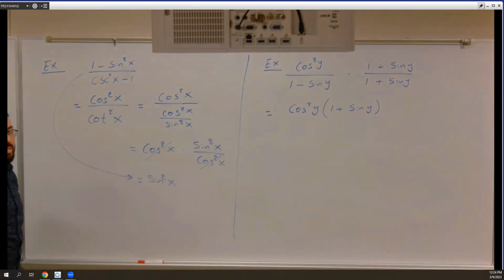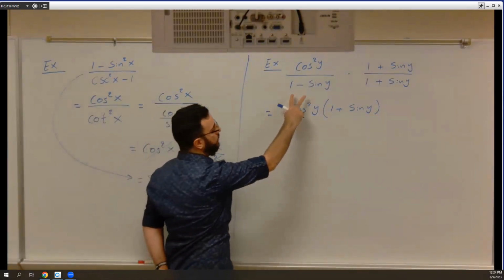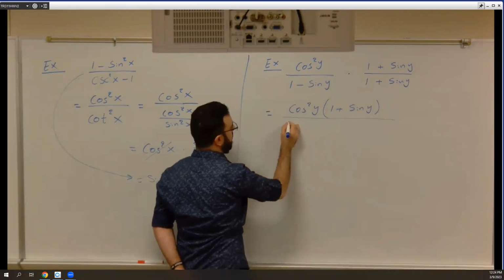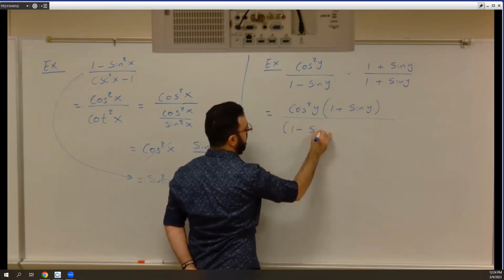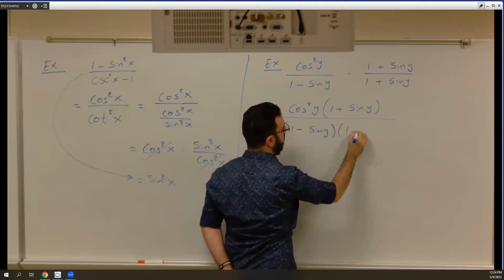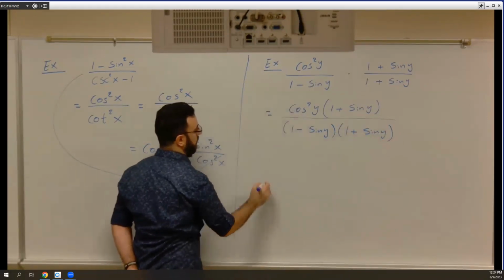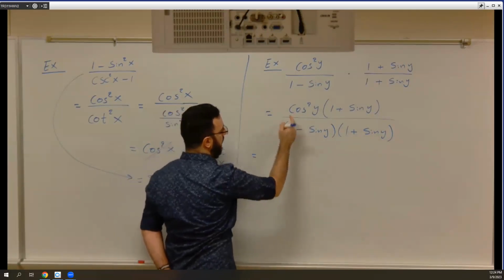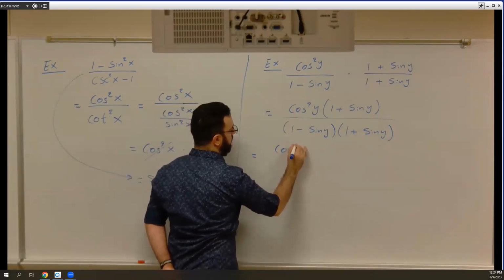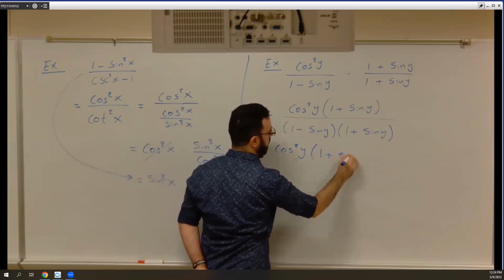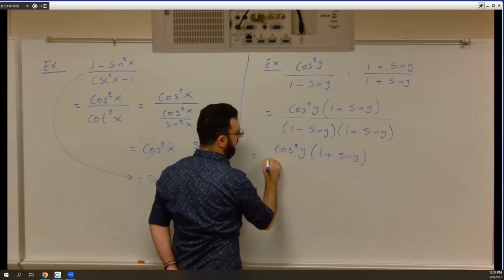Okay, let's check what's going to happen on the bottom part when I multiply these two. Write down the step: 1 minus sine y and 1 plus sine y. This one is going to be equal, on the top, cosine square y, 1 plus sine y. I'm going to keep exactly the same thing.